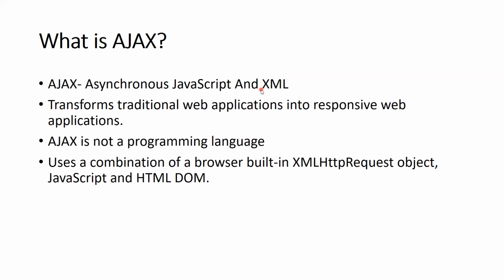Now, what AJAX does is transform traditional web applications into responsive web applications. If you try to differentiate between a traditional web application and a responsive web application, the simple way is drawing a comparison between static and dynamic websites. Static websites are generally websites that are used to disseminate information.